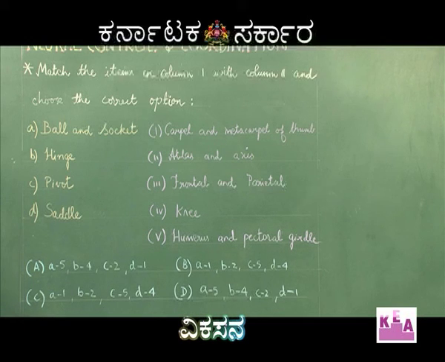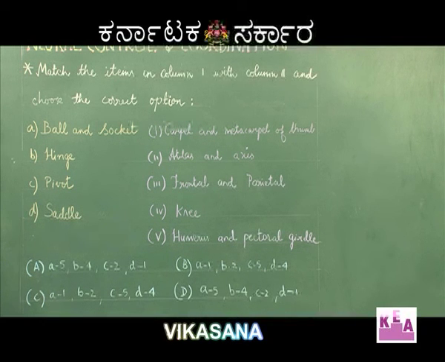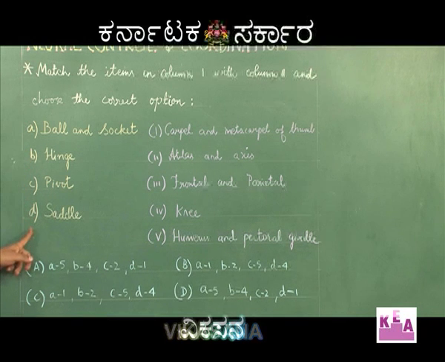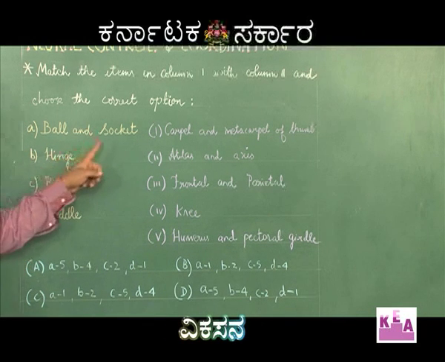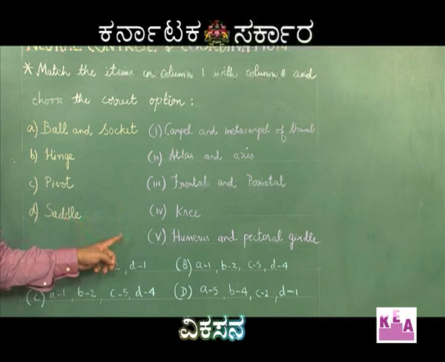Next question: match the items in column 1 with column 2 and choose the correct option. In column 1 we have names of joints, and in column 2 we have names of the bones.